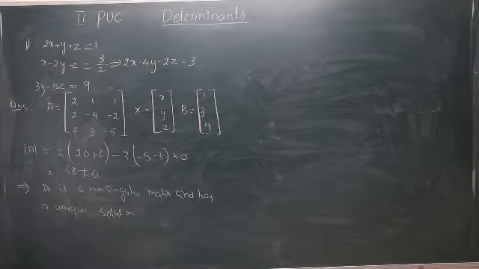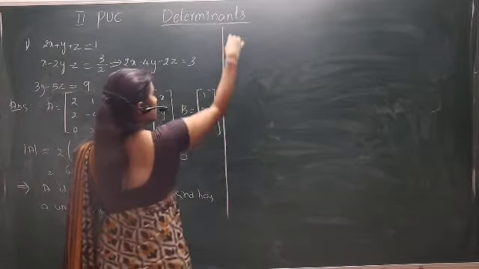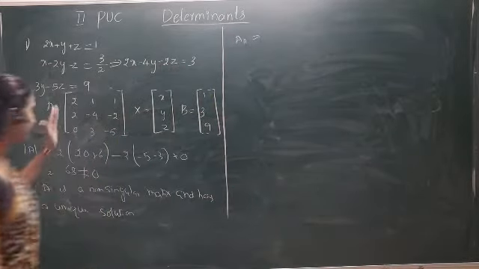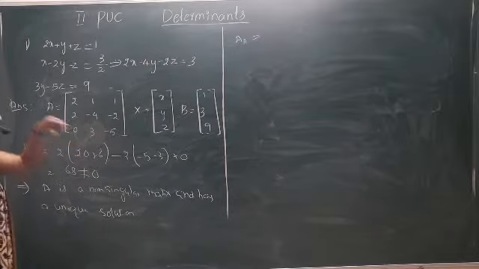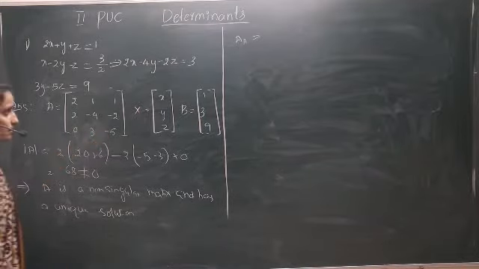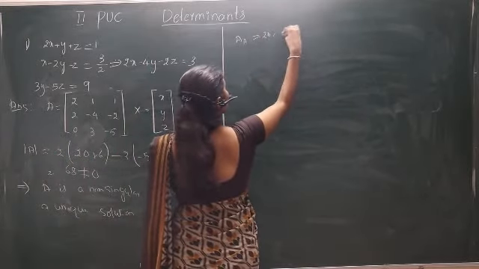So after finding the unique solution, we have to find the adjoint, or the cofactor of each element. So A11 is plus, by deleting first row and first column. So what we get, A11 is minus 4 into minus 5 is 20, plus 6 is 26.